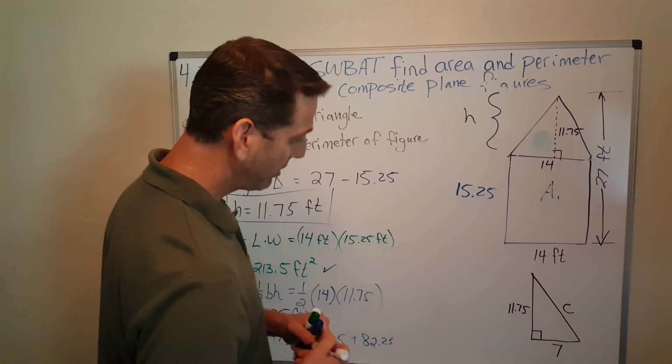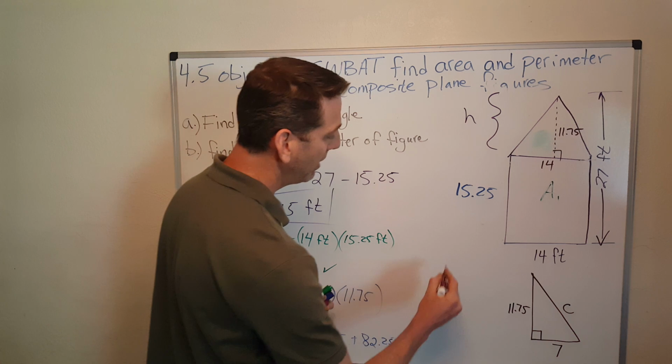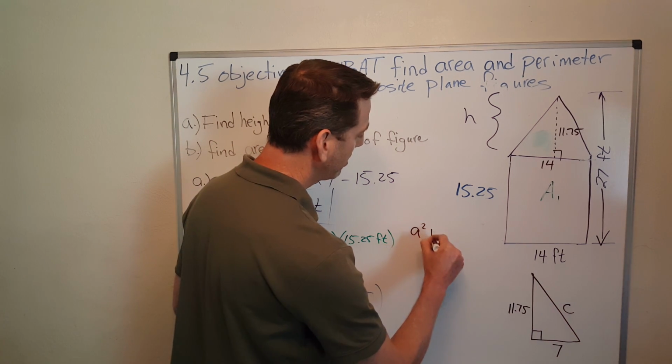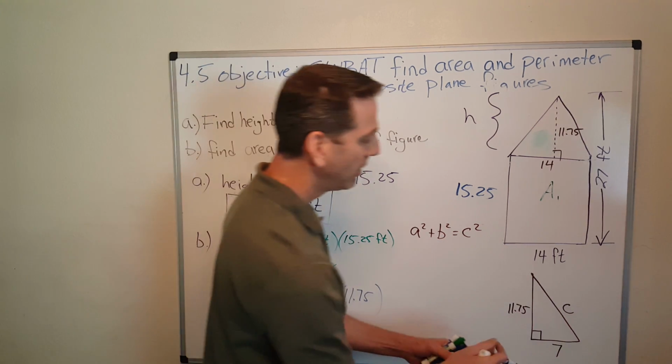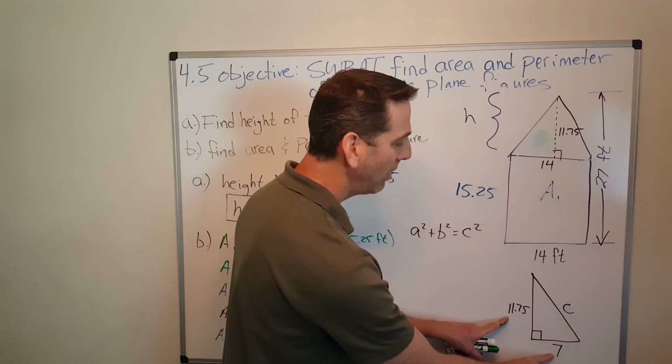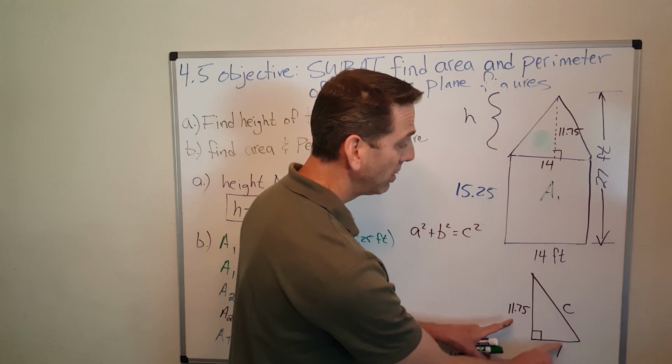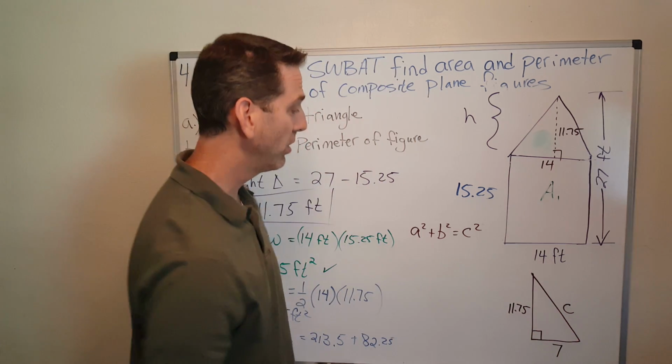So the Pythagorean Theorem states that a squared plus b squared equals c squared. In other words, the sum of the two legs squared should equal the hypotenuse squared.